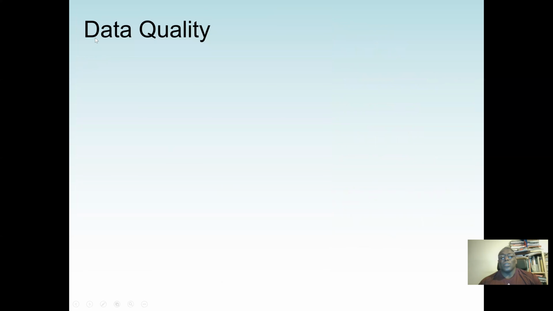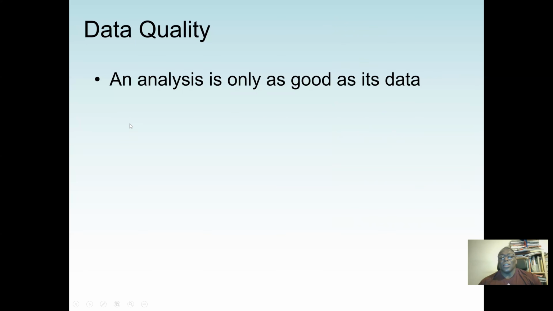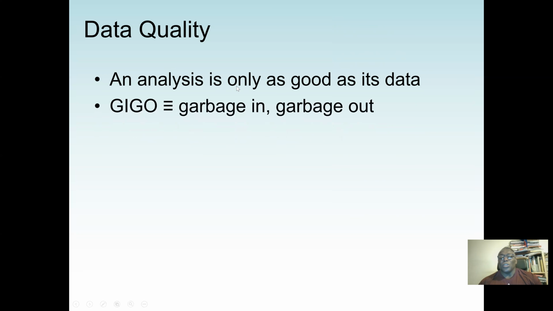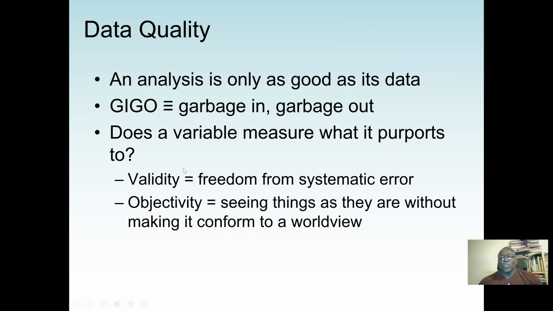So next we study what is data quality. In computer science, we have a term saying garbage in, garbage out. So if you have bad data, most likely your result also will be a bad result. So an analysis is only as good as its data. Garbage in, again, garbage out. So does a variable measure what it's supposed to?